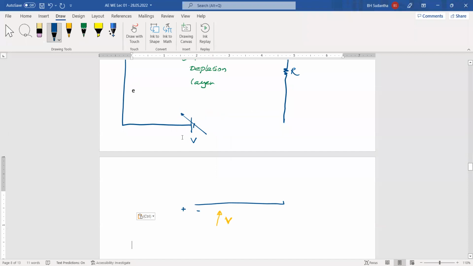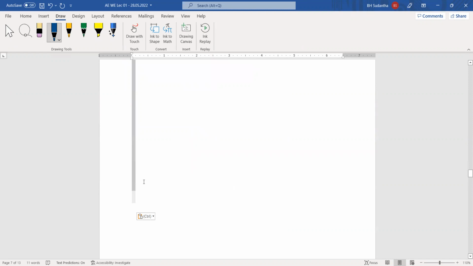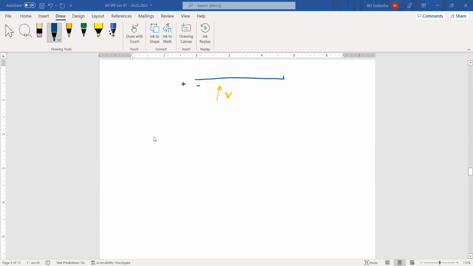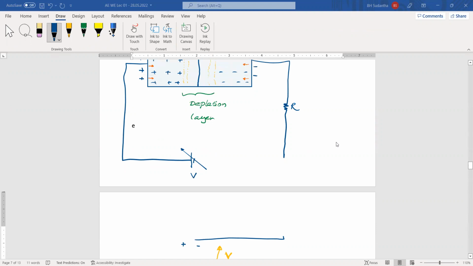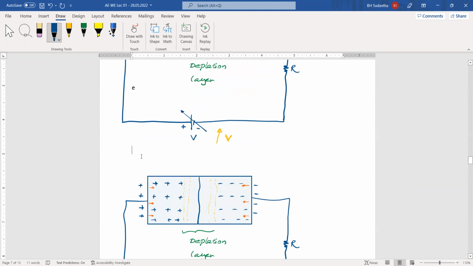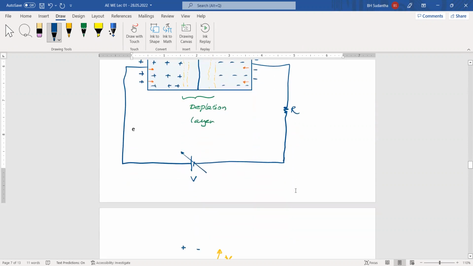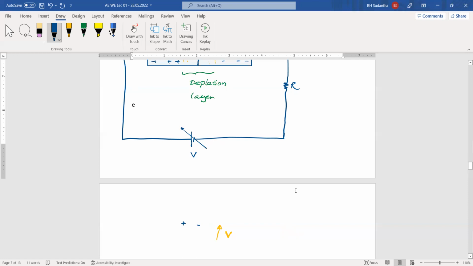And as a result, you can see now we have increased this voltage more, like this.